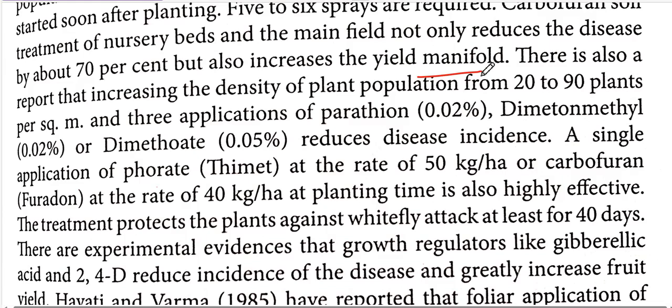It is also reported that increasing the density of plant population from 20 to 90 plants per square meter and three applications of parathion 0.02%, dimethoate methyl 0.02%, or dimethoate 0.05% reduce disease incidence.